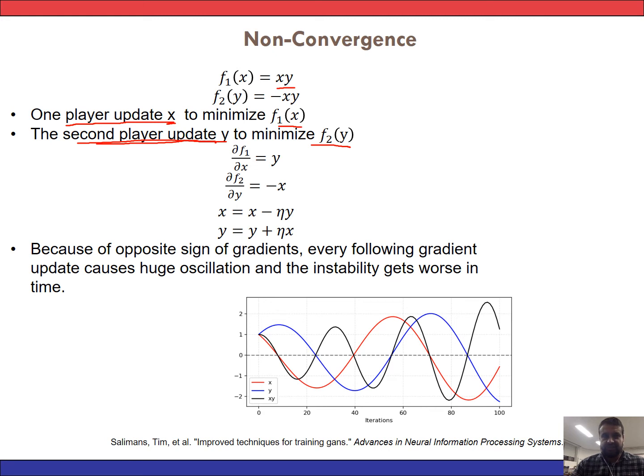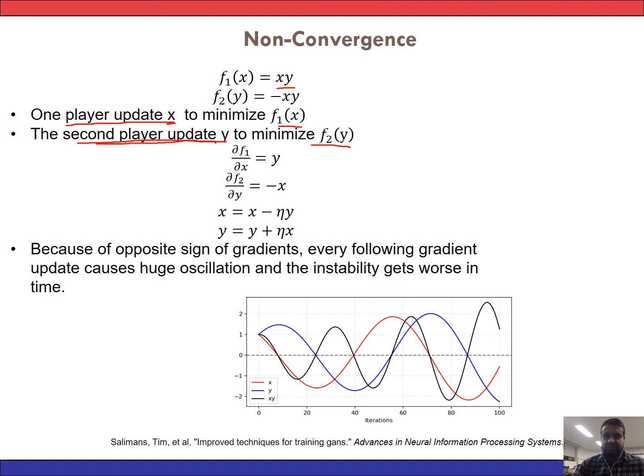So it is an alternative way of maximization. We want to take the gradient, then backpropagate the error and update the value of y. First, we take the derivative of this function with respect to x, because x is the variable here. When we take the derivative of f1 with respect to x, it becomes y.